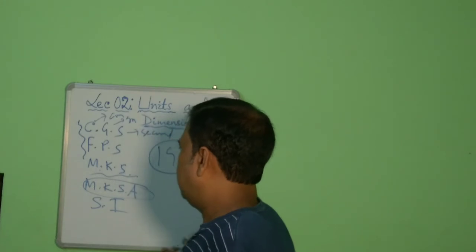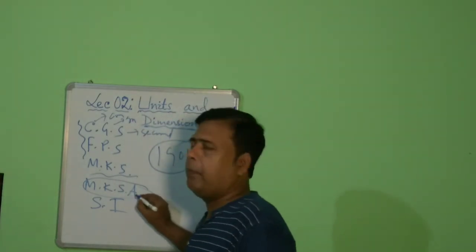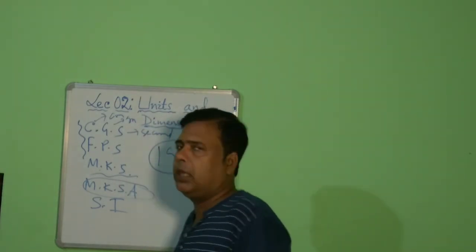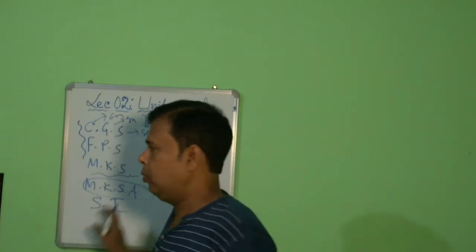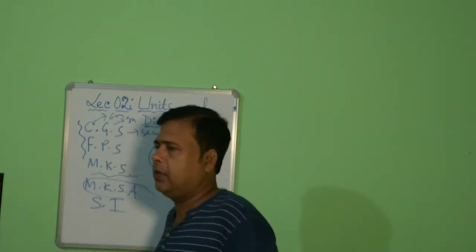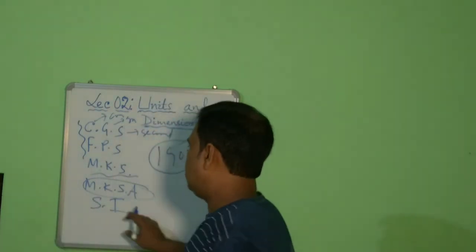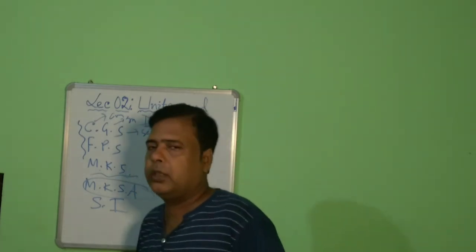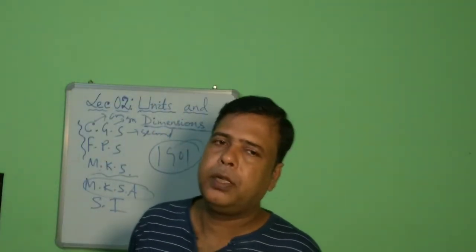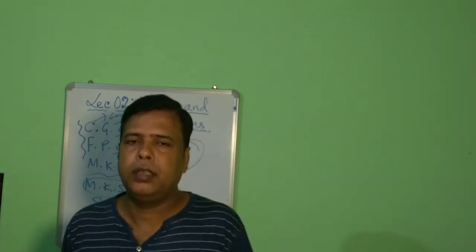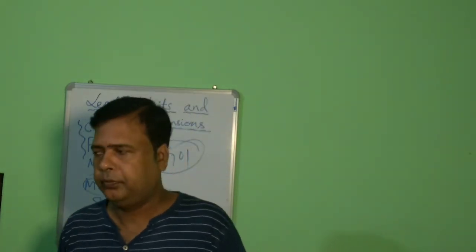Then a further extension took place when the ampere, used for measuring electric current, was added to the existing MKS system. Eventually came the SI system of units, which evolved out of a meeting held by the General Conference on Weights and Measures in the year 1971.